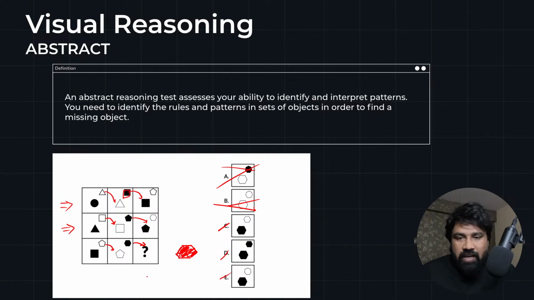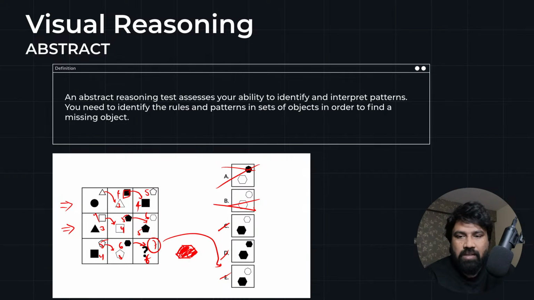And based on the next figure, I have to decide. If you carefully observe, guys, it is 3 sides, it is 4 sides. Next figure having 5 sides. 3, 4, 4, 5, 5, 6. 4, 5, 5, 6, so 6, 7. So a 7-sided shaded figure you need to choose.